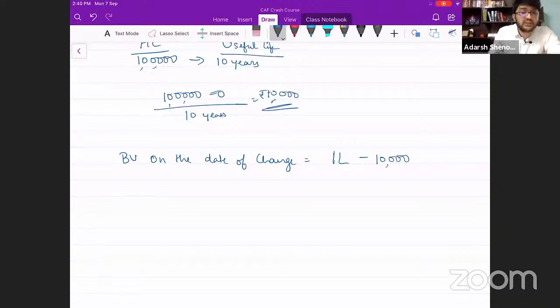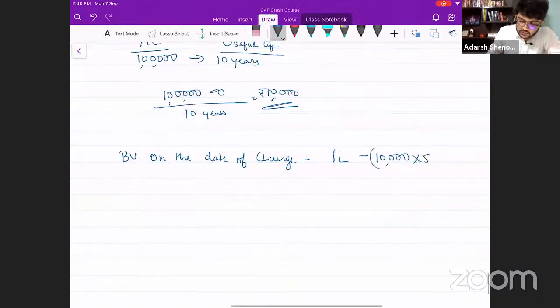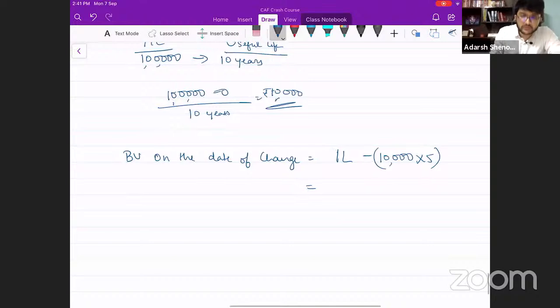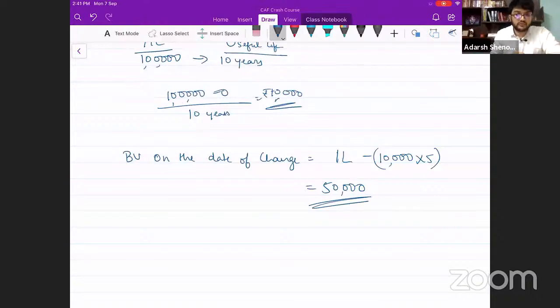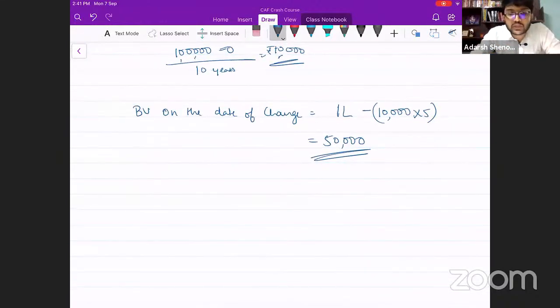How much? 10,000 rupees. How many years did I charge as per this estimation? Only 5 years. So 1 lakh minus 10,000 into 5. How much is the book value on the date of change of useful life? 50,000. Are you all following? Now we have to spread this 50,000 over the new useful life.